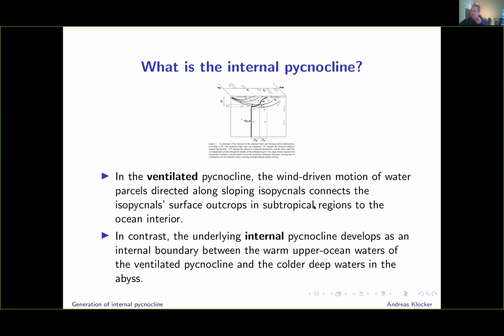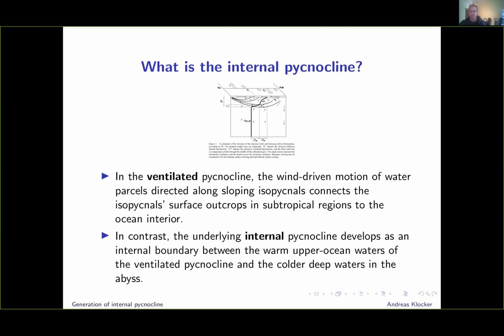Now going back to some theory, if you look at some old theoretical papers, you can actually split this permanent pycnocline into a ventilated pycnocline and an internal pycnocline, which I'll show in some model results where it's maybe a bit more intuitive. In that ventilated pycnocline, the wind-driven motion pretty much connects whatever happens with those isopycnal outcrops, those water masses, with the ocean interior along isopycnals.